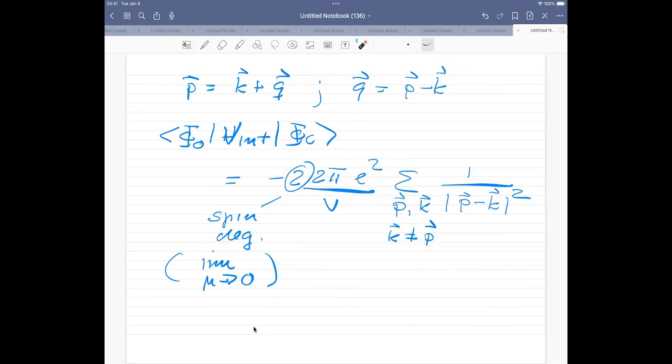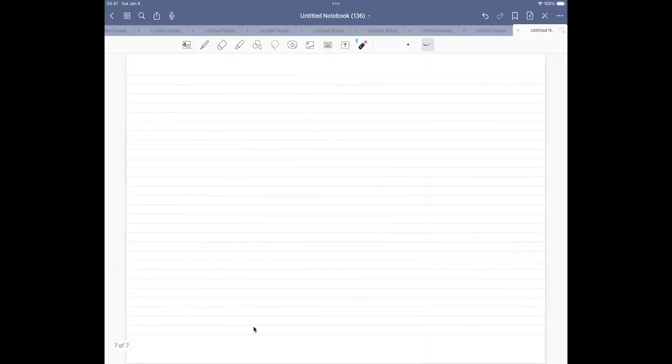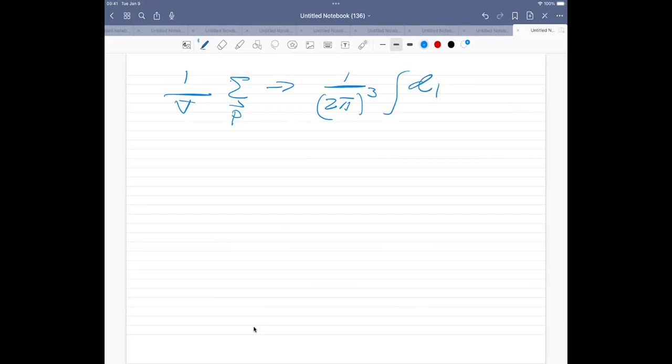And what we need to do now is to evaluate this term here. Because this is a term where we want to take the limit where the volume goes to infinity. So what we are doing is simply to take the limit of V, and if I take one of these momenta or wave numbers, this is going to go over to 1 over 2 pi cubed, and then I have an integral over dp, where this is a volume element which contains dpx, dpy, and dpz.